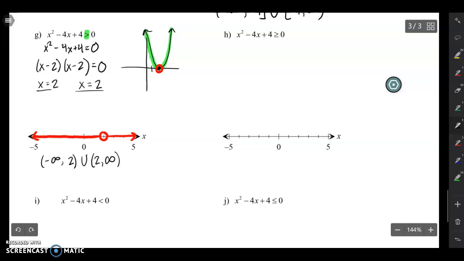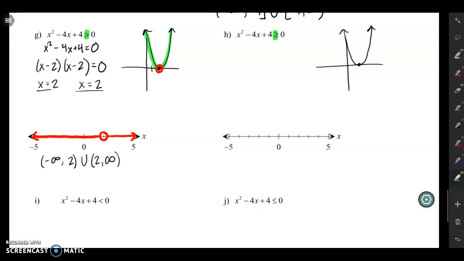With h, again, I've got the exact same parabola, so I'm just going to sketch that again using what I did in g. Now as I think about highlighting solutions here, I want all the numbers that are greater than or equal to 0. So now I'm going to include everything that's above the x-axis, and I'm going to include the place where the function touches the x-axis and is equal to 0.